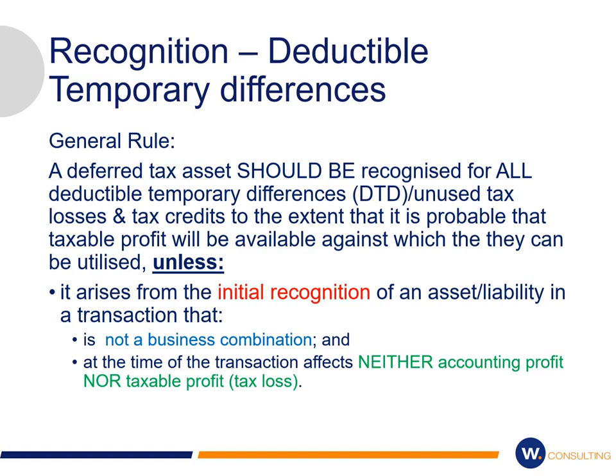So that's what we were talking about in the previous slide. First of all, we check, and we have a flow chart that we're going to look at, whether or not we can recognize this deductible temporary difference or any temporary difference for that matter.